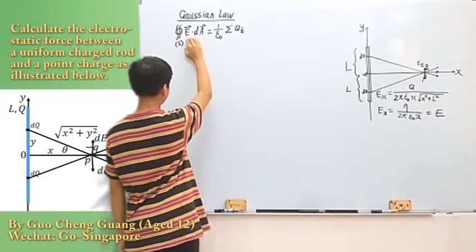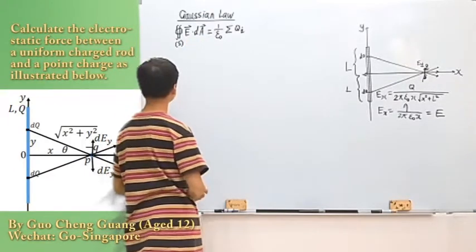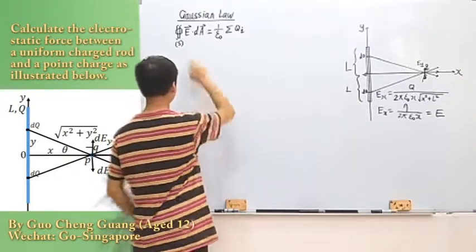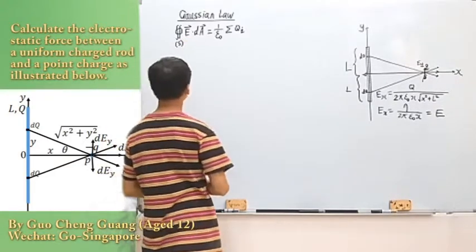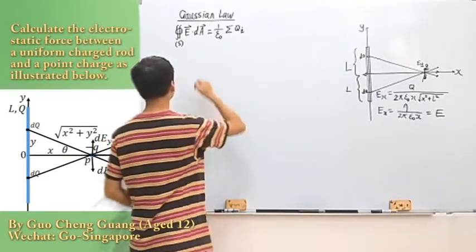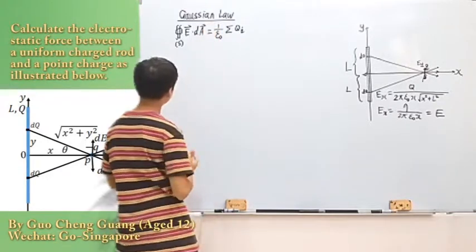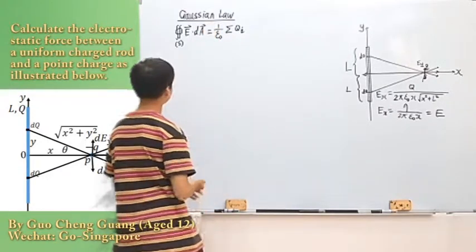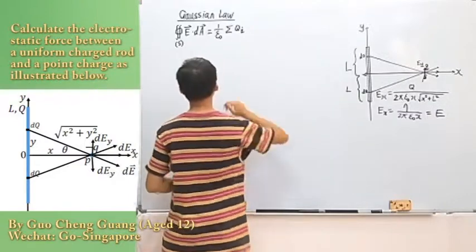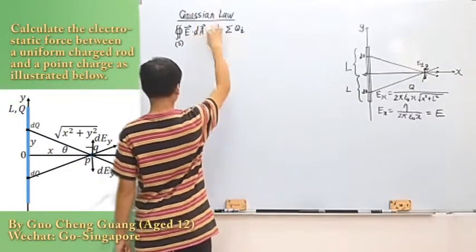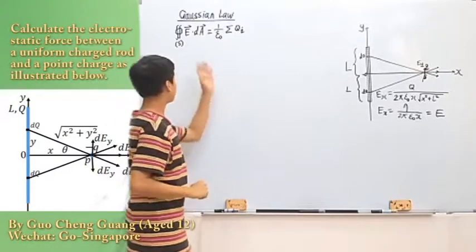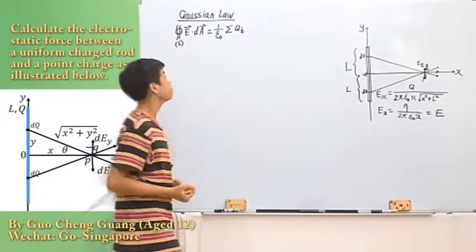This part inside here we're using dot product. So E in this part is electrostatic field strength. Then dA, we can say it's just in a normal direction here. So when they're dotted together, this part you can just call the flux.